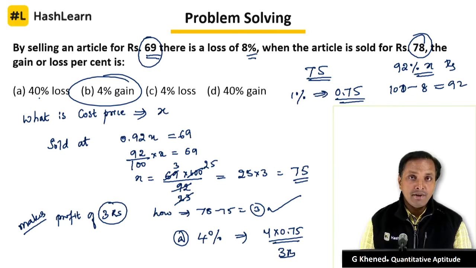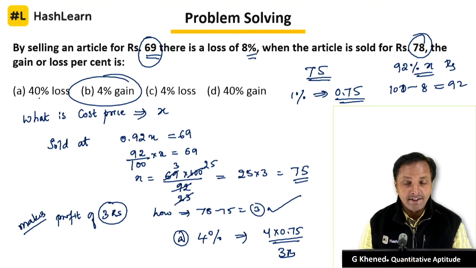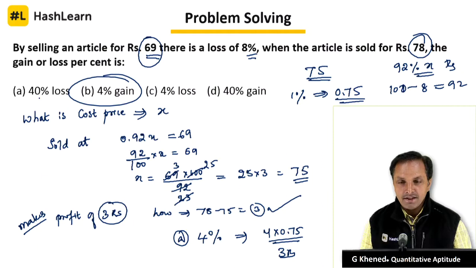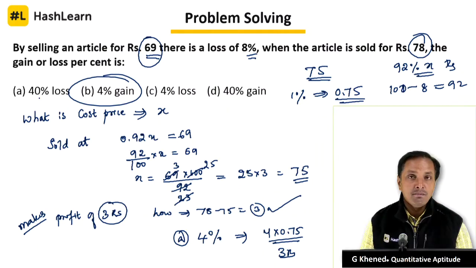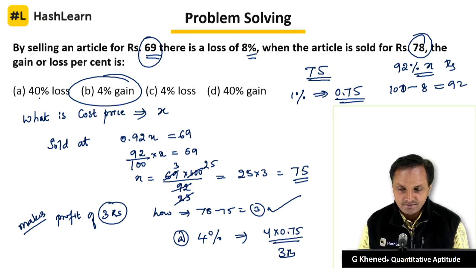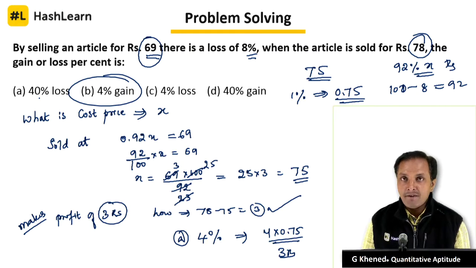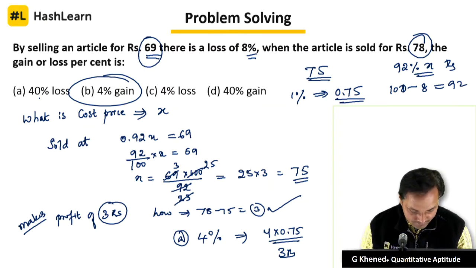For 75 rupees, which is the cost price, he is selling at 78 rupees. He is keeping a margin of 3 rupees, that is the profit amount. 1% is 75 paisa, so 3 rupees will come at 4%. So the answer is option B.